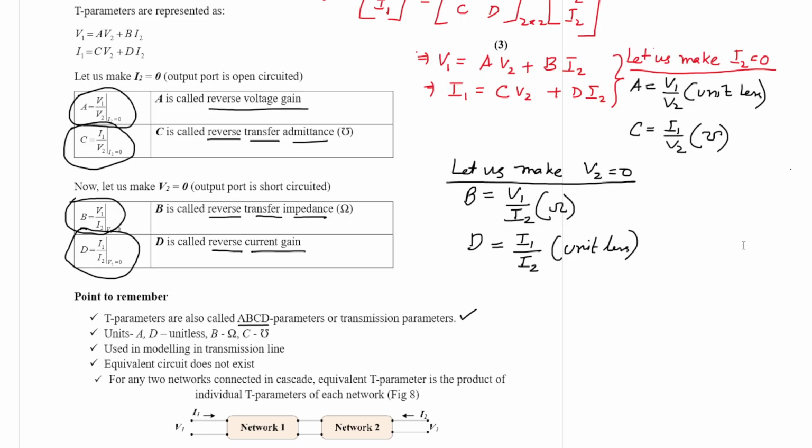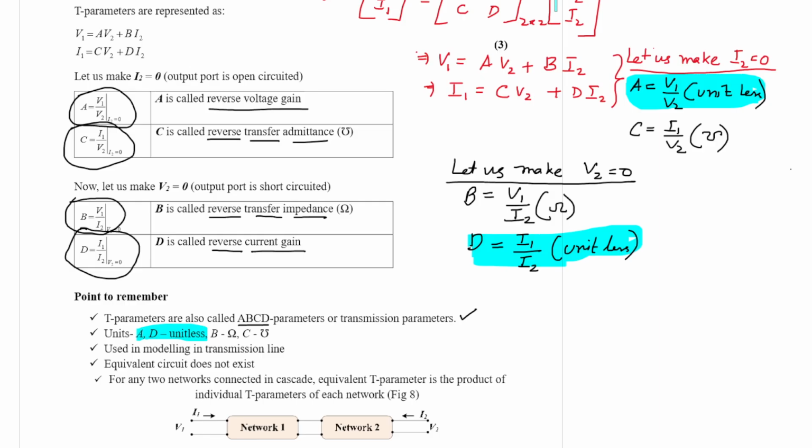It is quite evident from the definition of ABCD, right? So what we have observed is that A and D are unitless.